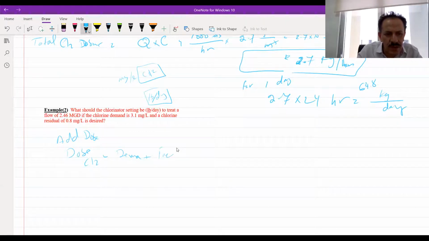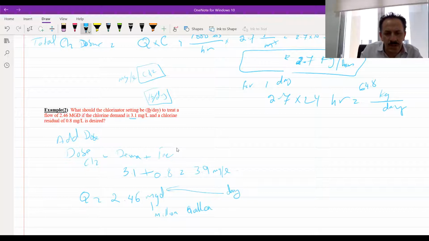If the demand is 3.1 and the residual is 0.8, how much is the total? It will be 3.9 milligram per liter. We have the Q, which is equal to 2.46 mgd, oh, this belongs to million gallon per day.